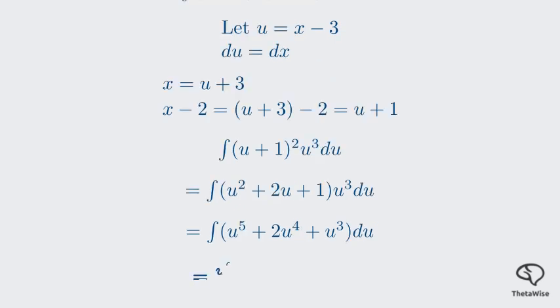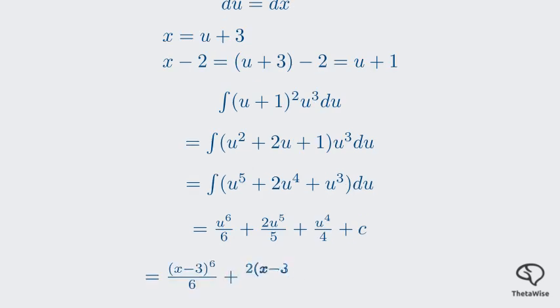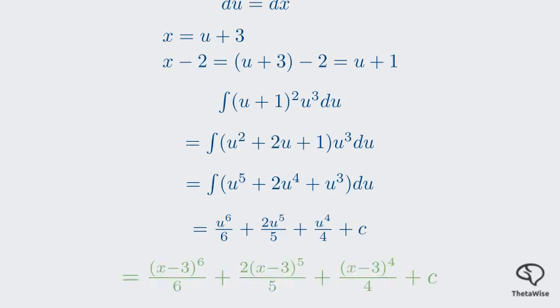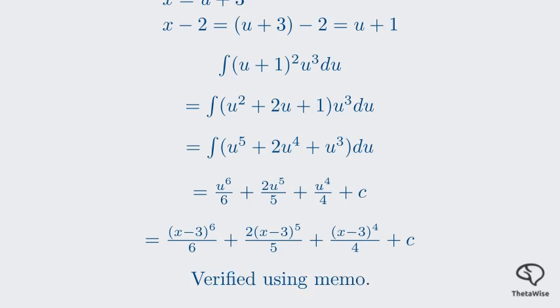Using the power rule for integration, this becomes u to the 6th over 6 plus 2 times u to the 5th over 5 plus u to the 4th over 4, all plus c. For our final answer, we must substitute x minus 3 back in for u. This gives us our final antiderivative in terms of x. The key was a clever substitution that turned a complicated product into a simple polynomial.